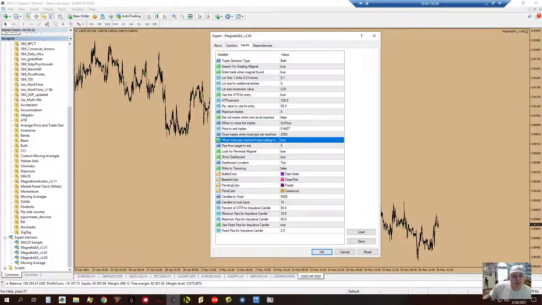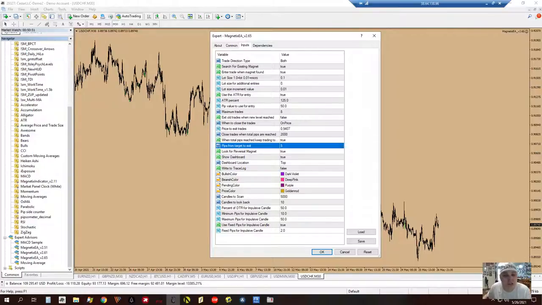Pips from target to exit, if you're doing a small 5-minute pair and you're going after a magnet that's fairly close, that's going to be like your slippage or your spread. Do you want this to close before? There's many times where it'll come up and act like it's going to touch the magnet, and it won't even touch it.